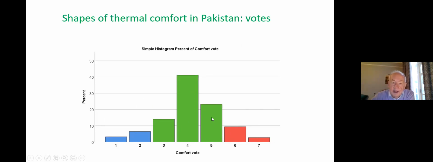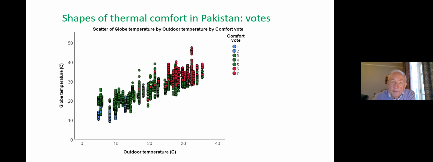So although the comfort votes appear to be a lot here, I think the red is the way the computer program lays it out. It does the least frequent things on the top, so it overestimates the amount of heating.